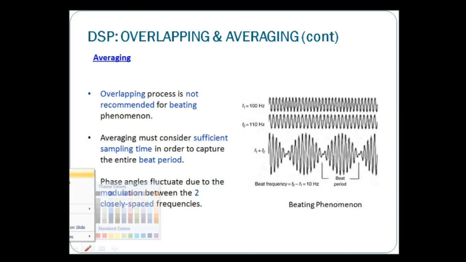So if you look into this, a beating phenomenon happens when you have two close frequencies come to each other. If you want to relate this to actual condition, then you probably have two identical machines sitting side by side, right?